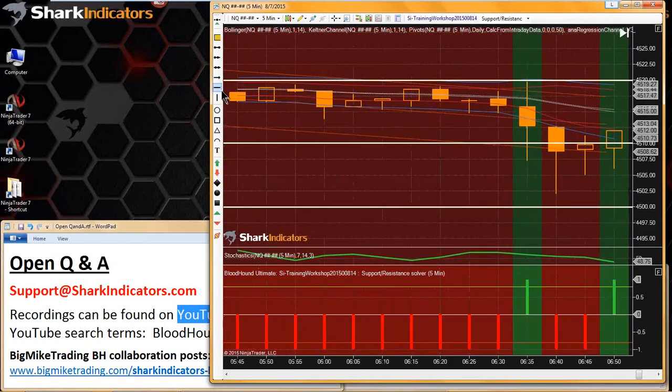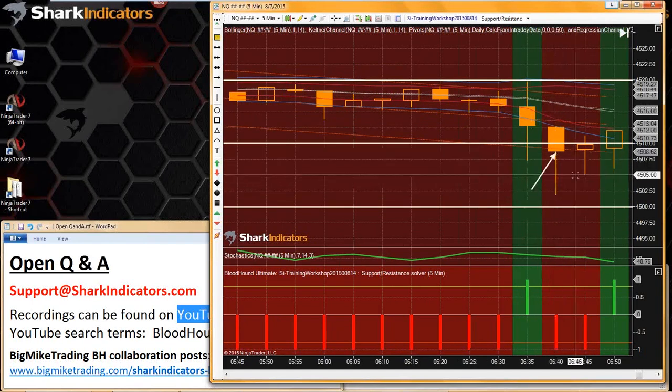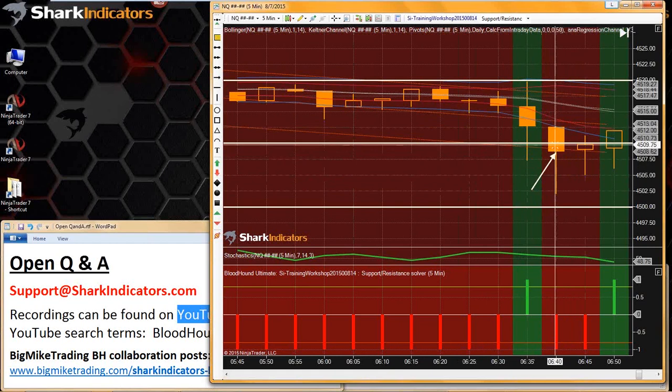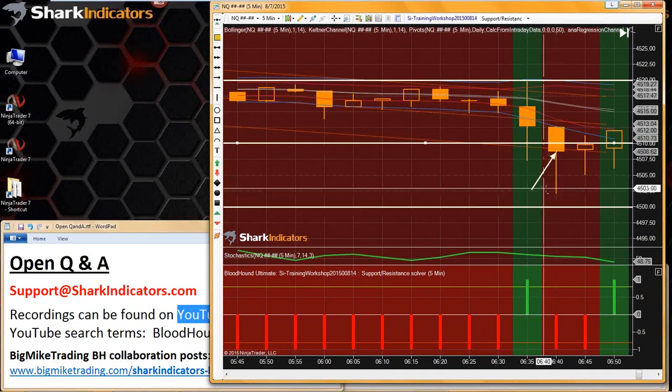Let me grab an arrow, let's take a look at this bar here. We can see price is just below our 4510 support resistance line. And since it's just below it, it's too close to it to take a long trade, but it's far enough away from 4,500 down here.